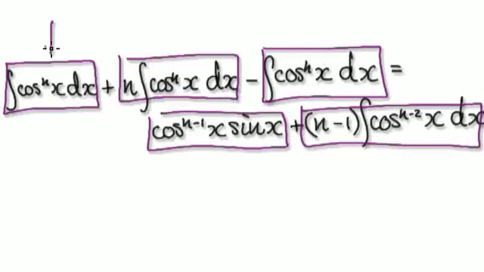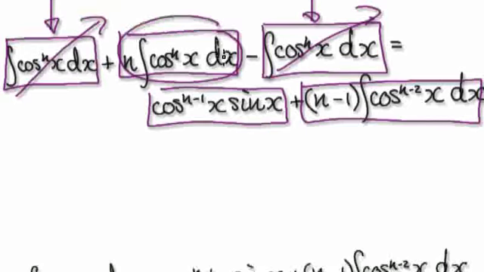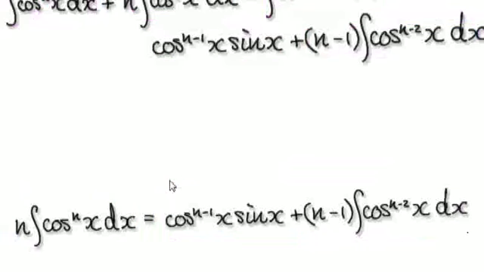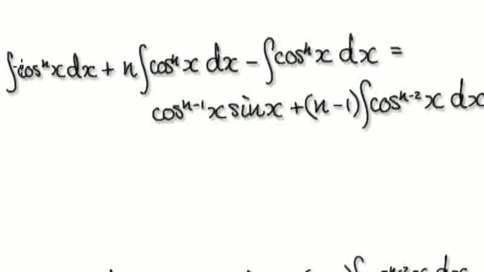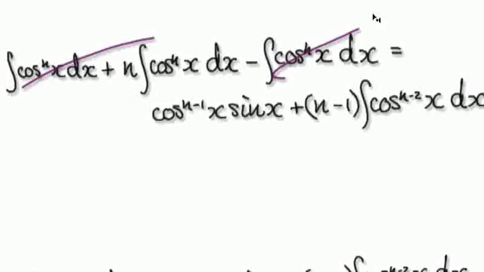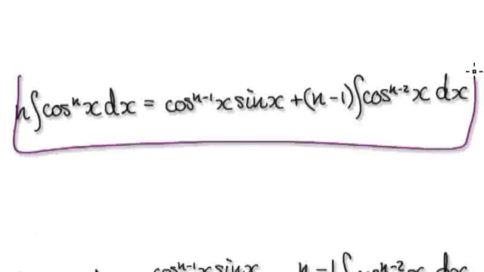Now if you look at this here, this is exactly the same as this, so they cancel each other out, just leaving you this on the left hand side, and this on the right hand side. Okay, you may have to think about this. So these two will cancel out here. That will then take us to here.